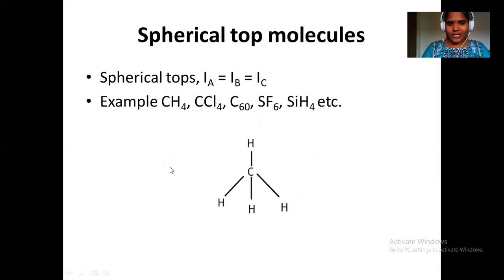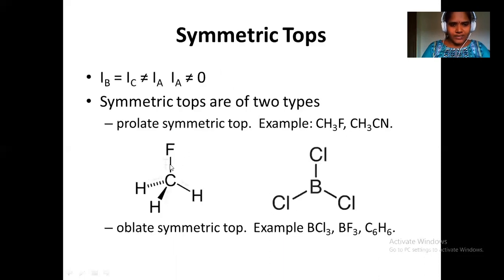If I rotate holding the fluorine, the molecule will experience some inertia because the hydrogen positions are varying. Though we rotate along the bond axis, the positions of hydrogen vary, so the inertia will not be equal to 0 along the bond axis, meaning IA is not equal to 0.